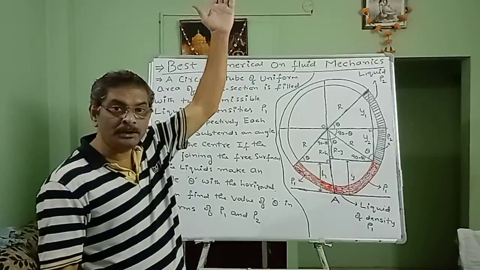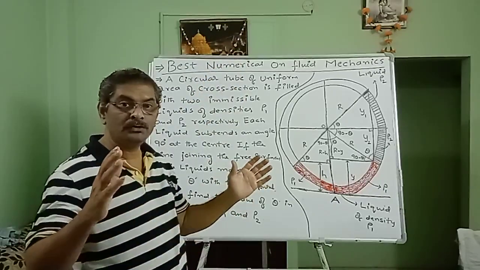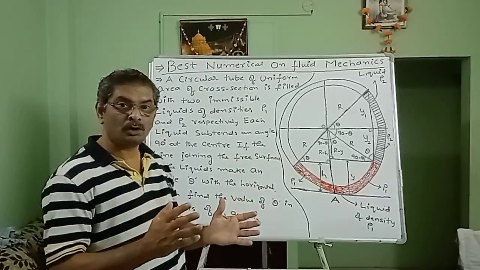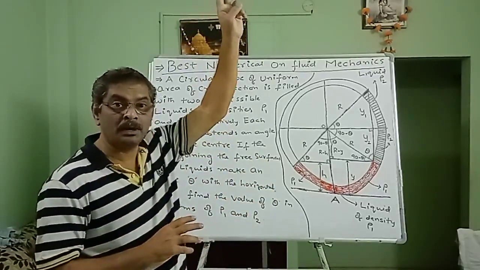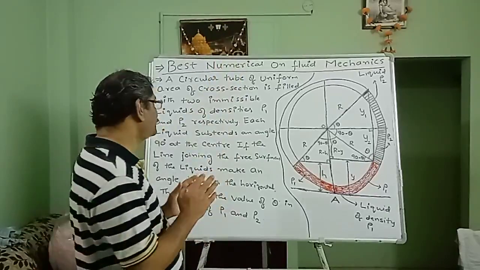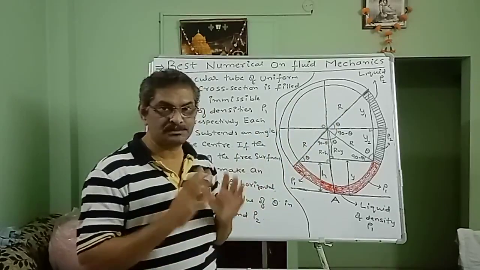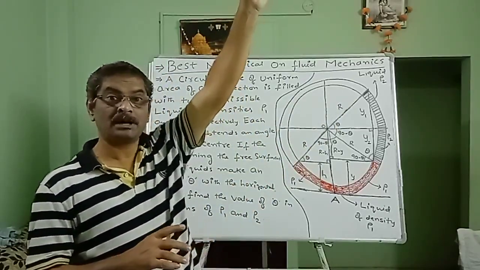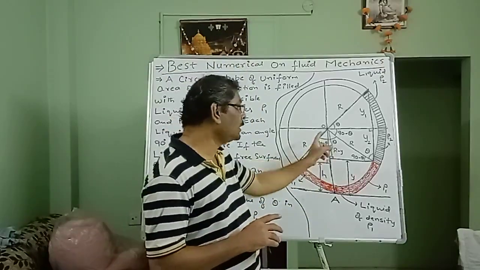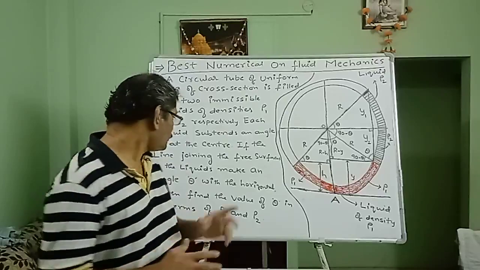A circular tube of uniform area of cross section is filled with two immiscible liquids of density ρ1 and ρ2 respectively. Each liquid will be subtending an angle 90 degrees at the center.